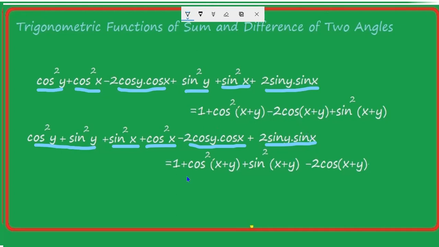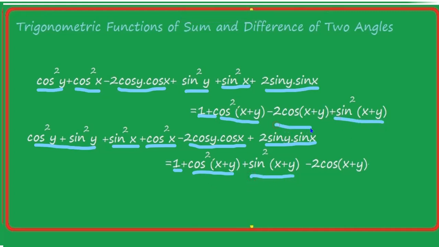And the right side is 1, then cos square (x+y), sin square (x+y), minus 2 cos(x+y). I have just rearranged the terms of the previous expression.